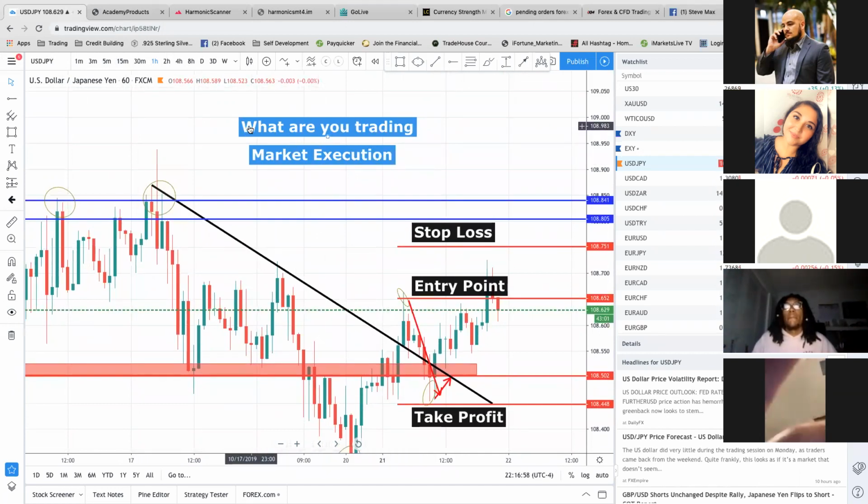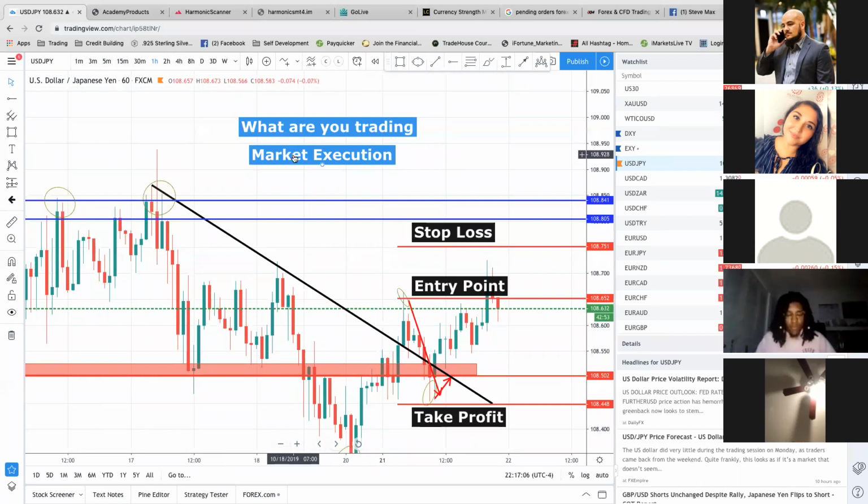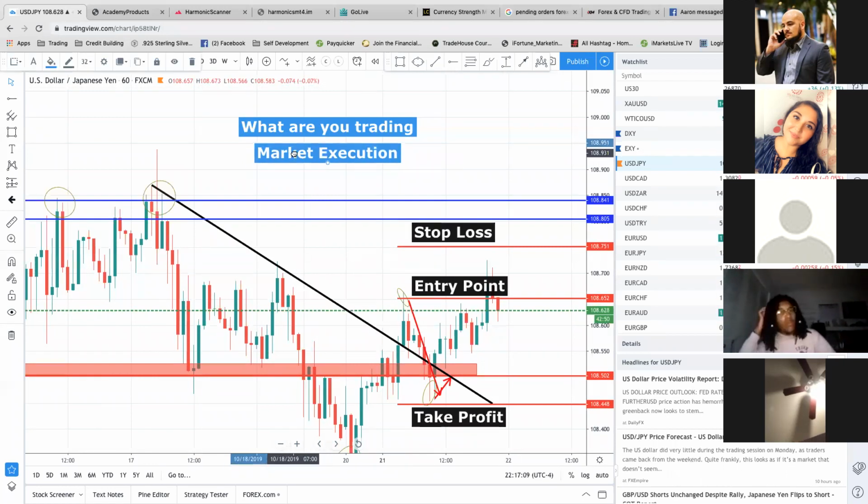Who wants to tell me what a market execution is, if you're not an experienced trader? Drop in the chat what a market execution is, because this is the type of trade that you're doing at that moment. I've noticed that some of you also have a button that says instant execution. Both of those are the same thing.